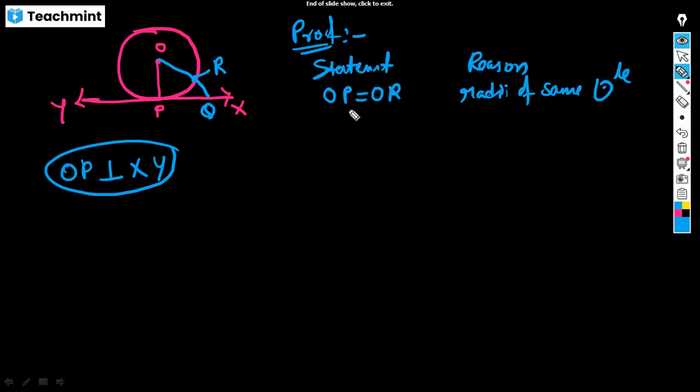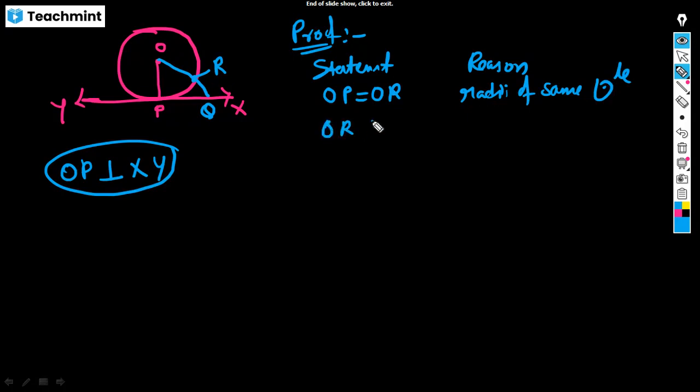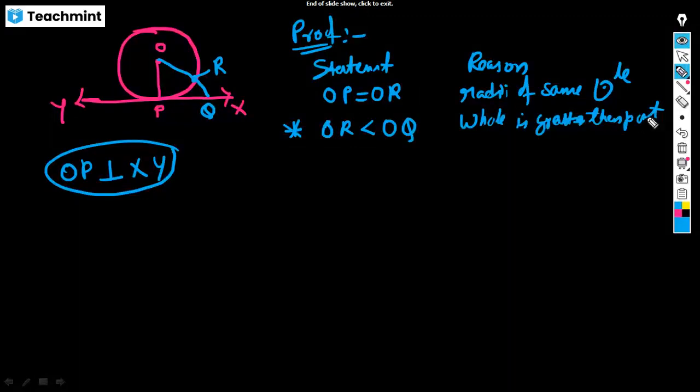Then next, what I have written is that OR is less than OQ. Why? Whole is greater than part, axiom 5.